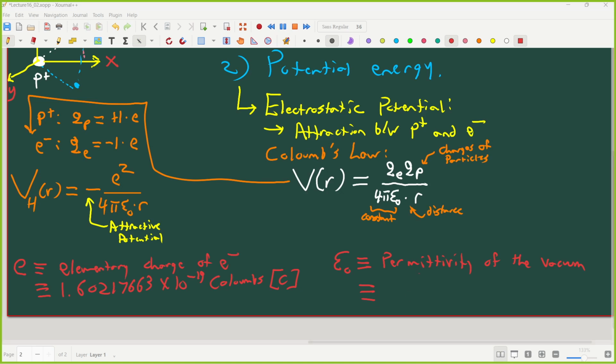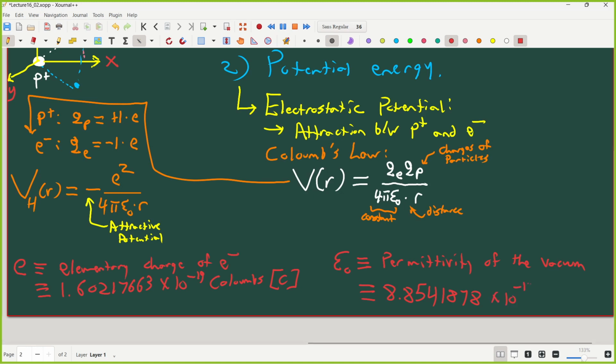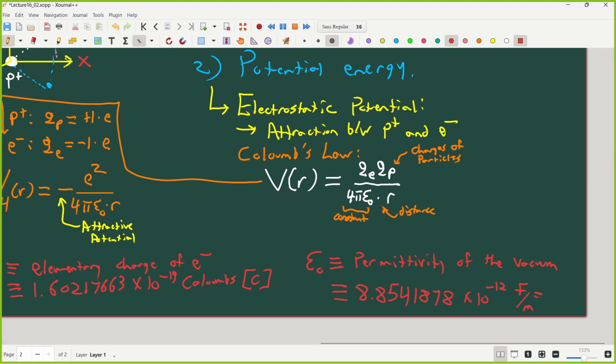Okay, so this is 8.8541878 times 10 to the minus 12 farads per meter. Now, farad is a weird electrostatic unit. This is coulombs per volt per meter. So same thing. Okay, so what does this mean?